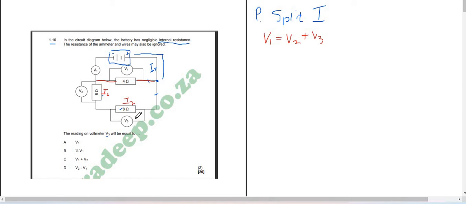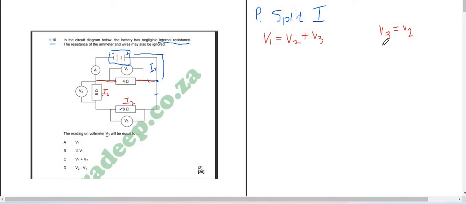However, if you look carefully at this resistor here and this resistor here, they are the same size. And we also know that the current through that resistor is also the same size. So what does that mean? It means that essentially the voltage on this resistor of 8 ohm, which is V3, will be equal to the voltage on the other resistor, which we call V2, right?